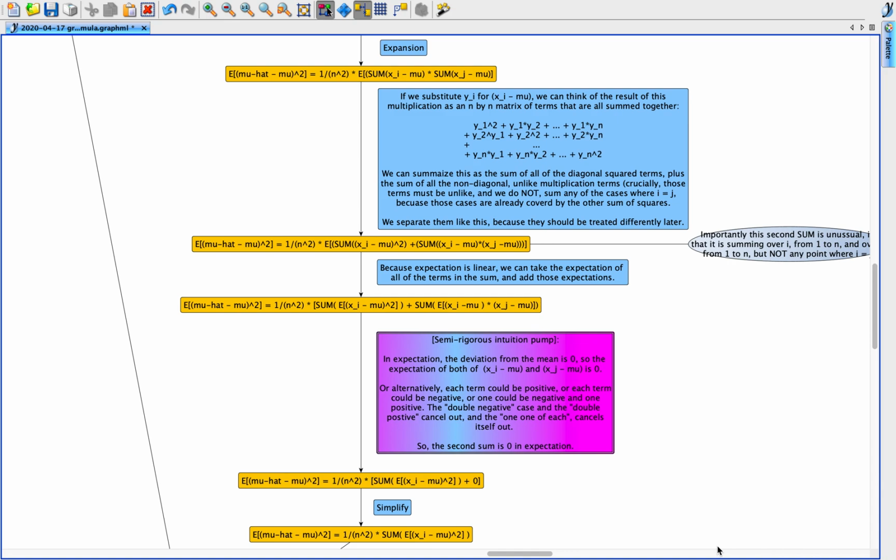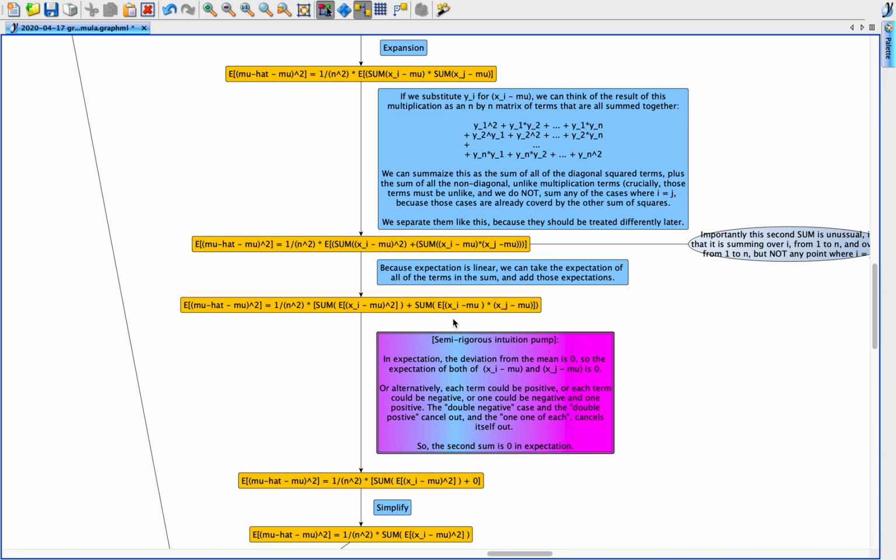To say it a different way, for any given pair of xi and xj, it could be that xi is greater than mu, or it could be that xi is smaller than mu.